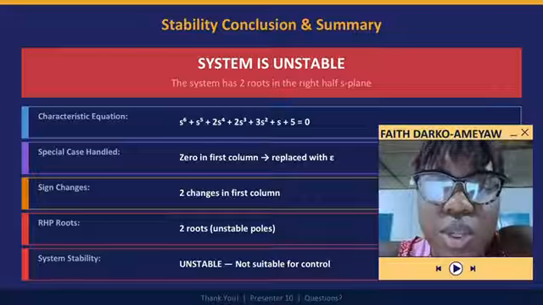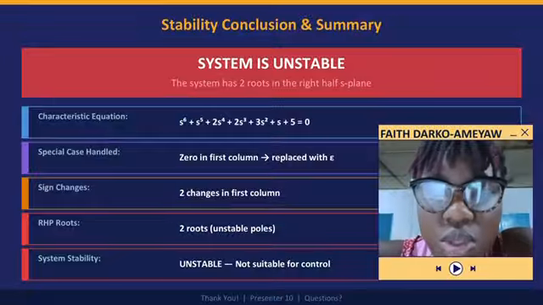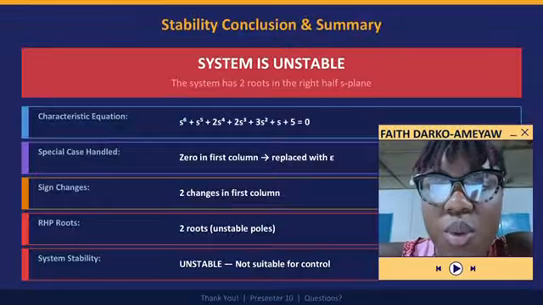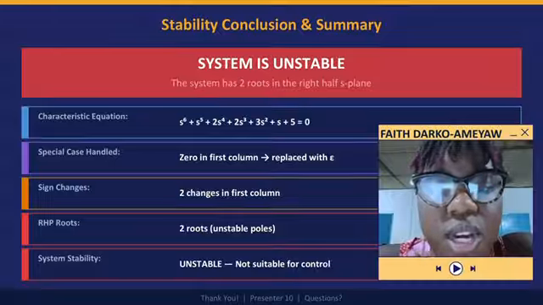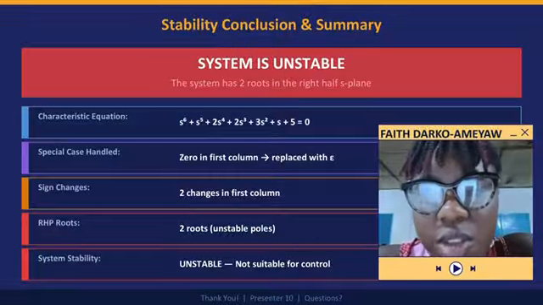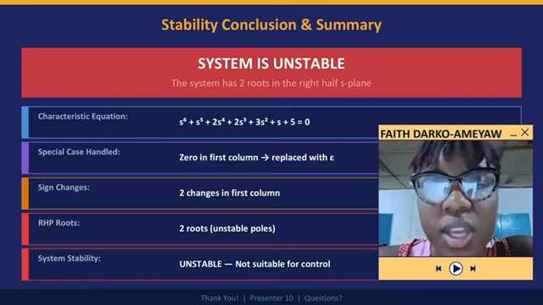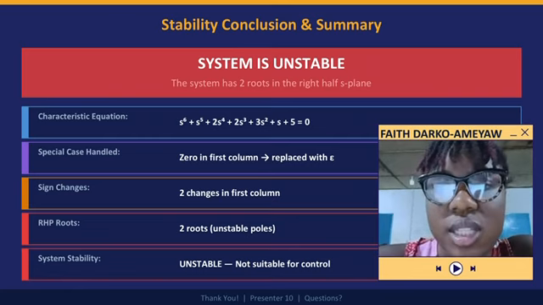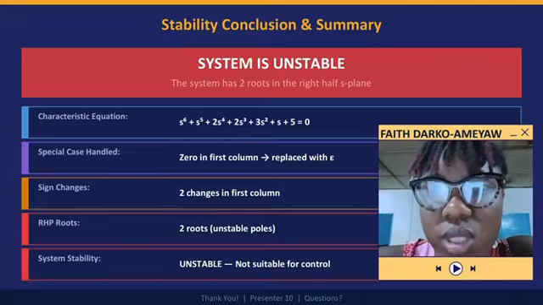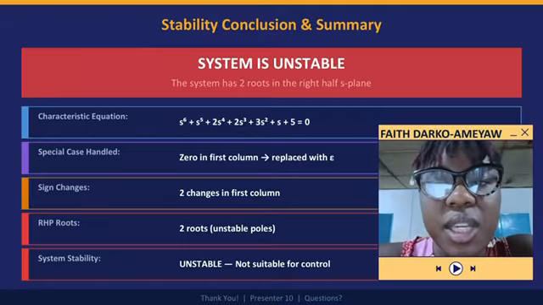Thirdly, we completed the entire Routh array calculation, working through rows involving epsilon and taking the appropriate limits. Fourthly, we counted 2 sign changes in our first column. And finally, we concluded that the system has 2 unstable roots in the right half plane, making it an unstable system.